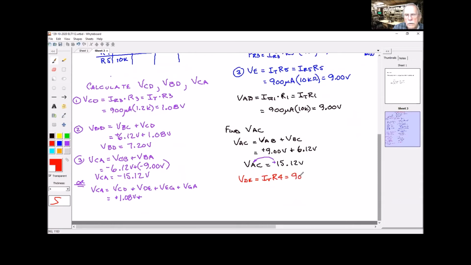So 900 microamps times 12K, 10.8 volts. All right. What was VAB? It was 9 volts? Yeah.